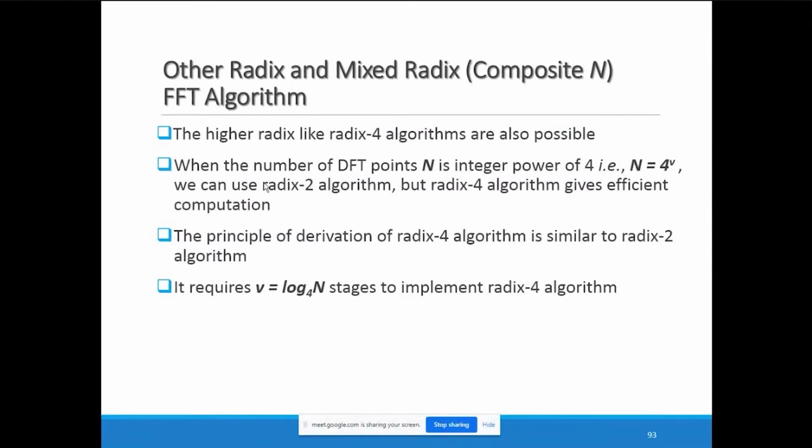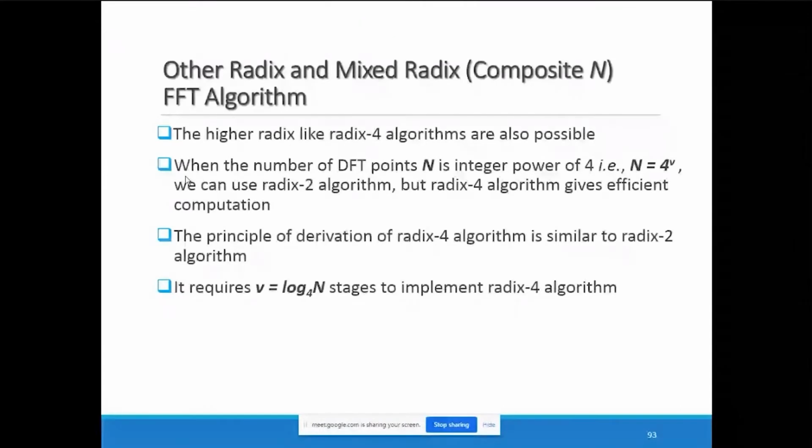So when N is equal to 4 raised to v, meaning whatever DFT points are in the power of 4, we can apply Radix 2 as well as Radix 4 algorithm in this case. But compared to Radix 2, the Radix 4 algorithm provides efficient computation.